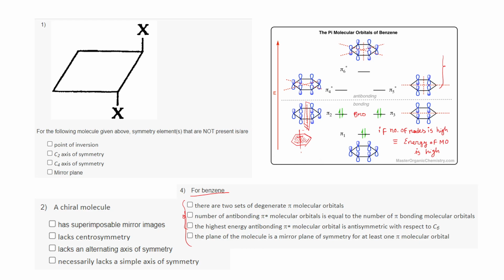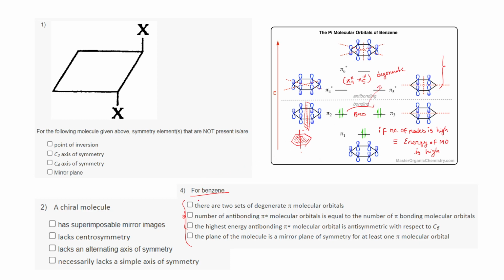And both of them have two nodes, meaning they are also degenerate. So pi 4 star and pi 5 star are degenerate, and these two are also degenerate, right?